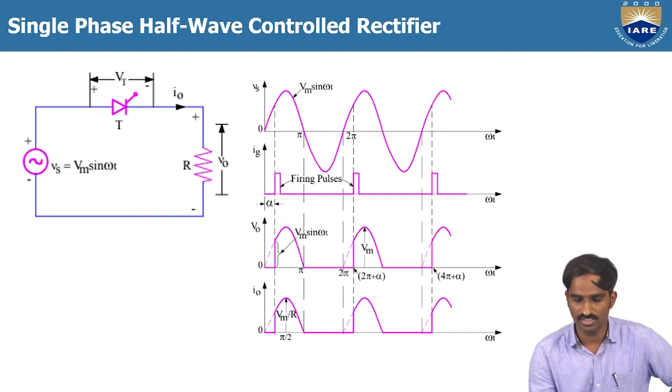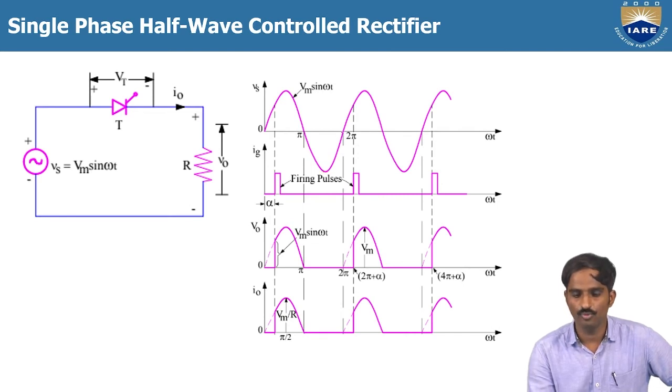That's why we get the output voltage from alpha to pi only. After pi, the output voltage and the output current are 0, because the thyristor is in the off state due to natural commutation.